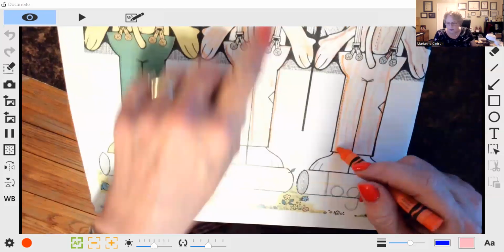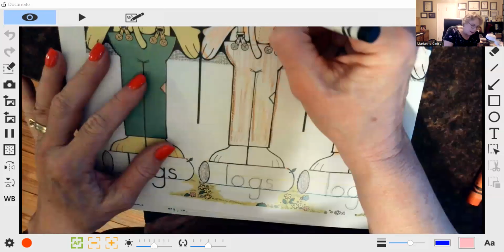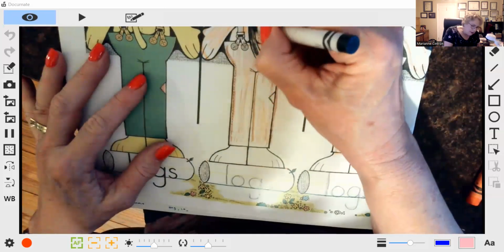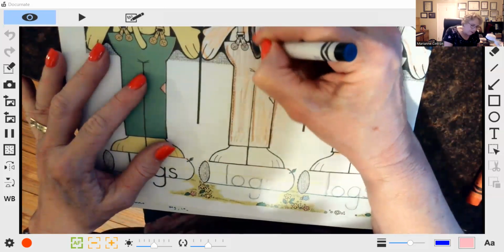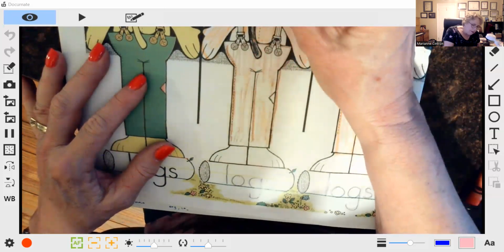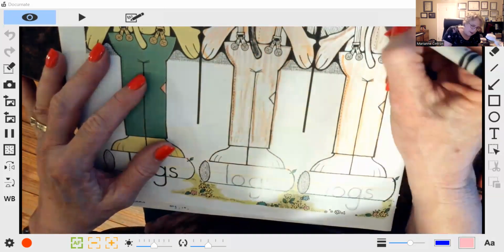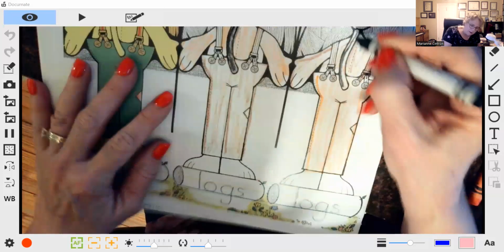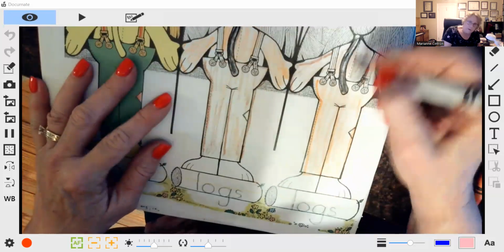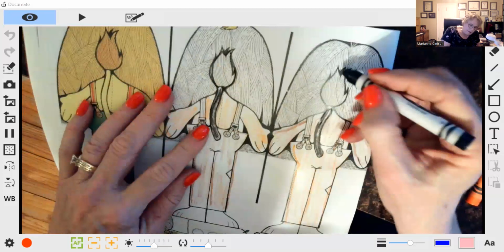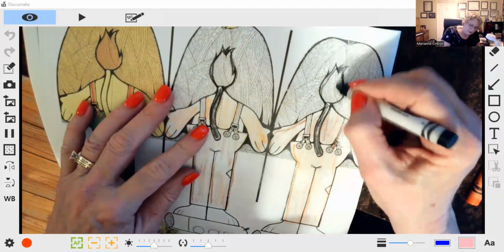Look at these little tails. Let's make the tail black, just to stand out a little bit. Look at that fluffy tail. And here's a fluffy tail. Look at that lion's tail.